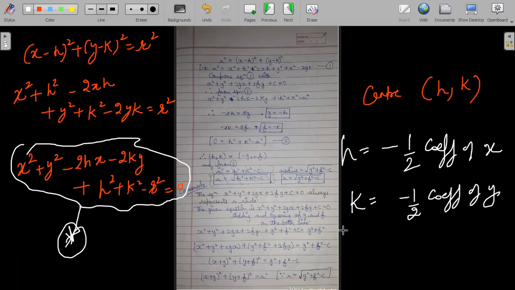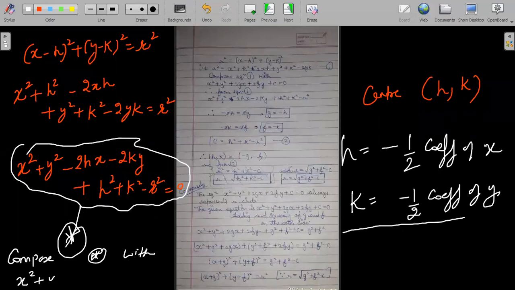Again, before I move to this, if you see equation number star, let us compare equation star with any general equation: x square plus y square plus 2gx plus 2fy plus c is equal to 0.